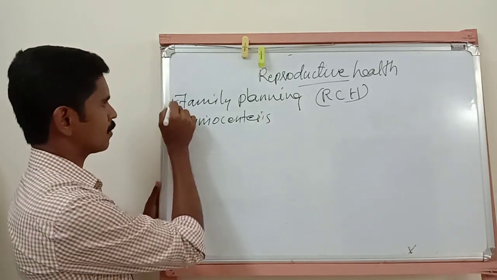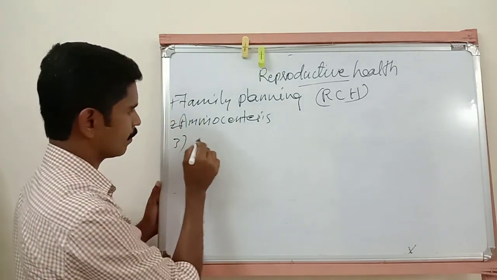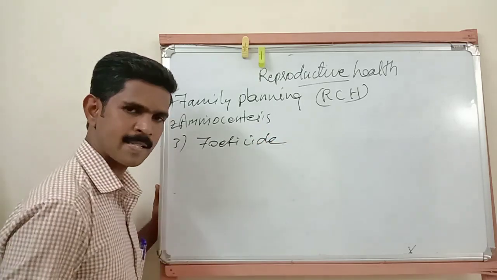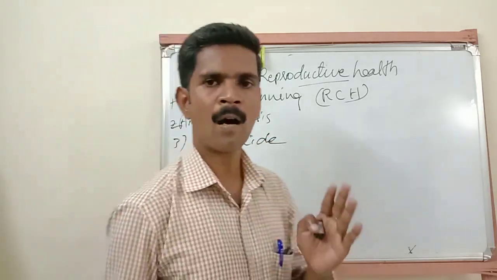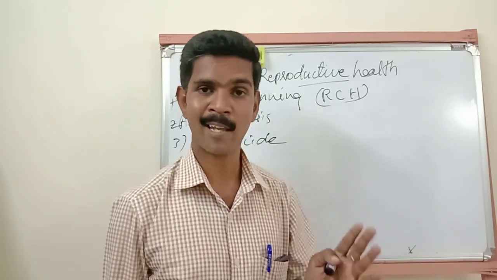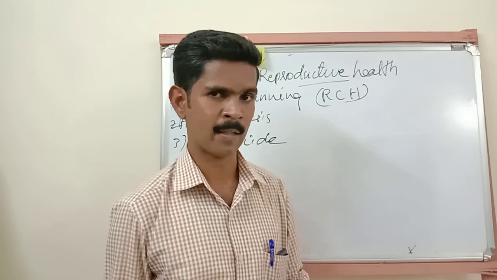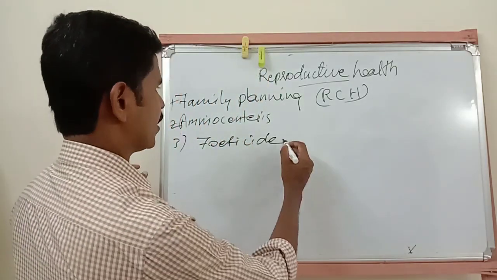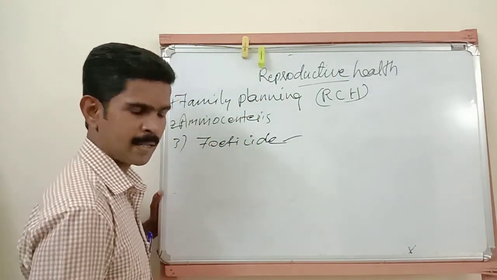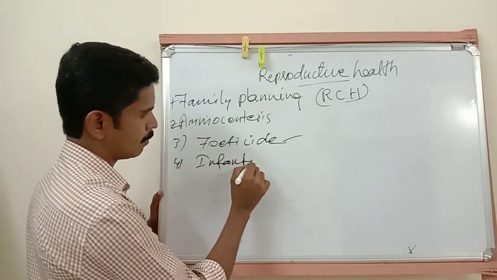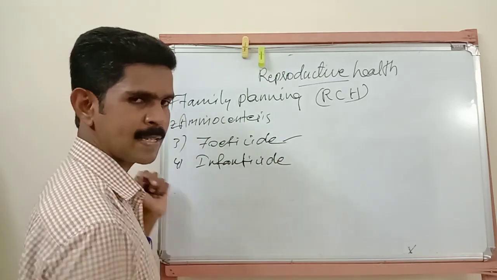The next, third one is feticide, meaning killing of the female baby inside the uterus of the mother, inside the womb. Womb means karuvarai in Tamil. So killing the female fetus inside the uterus of the mother is called feticide. Then the fourth one is infanticide.